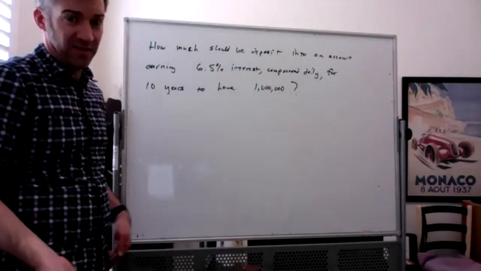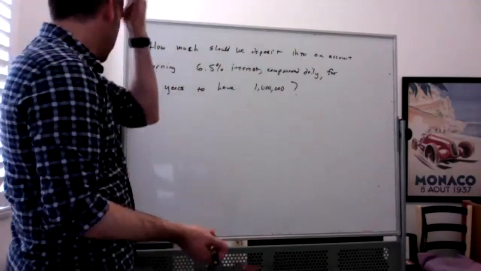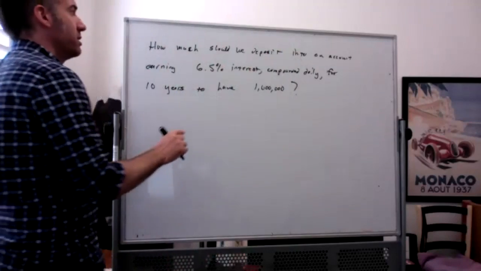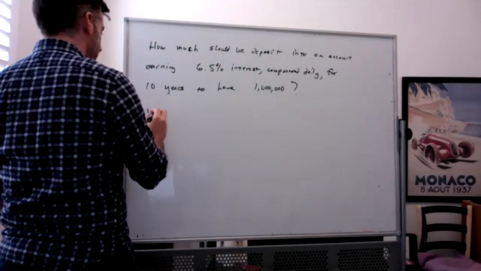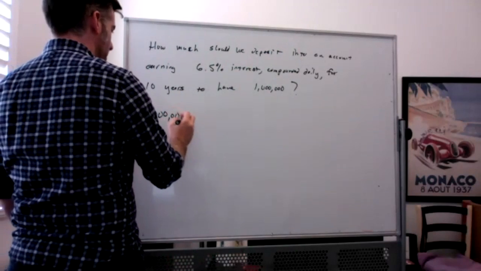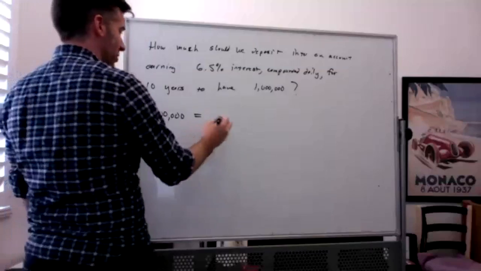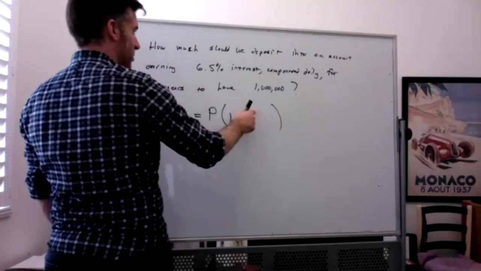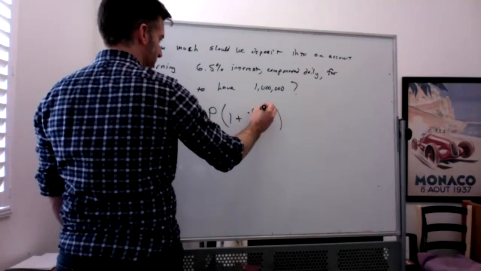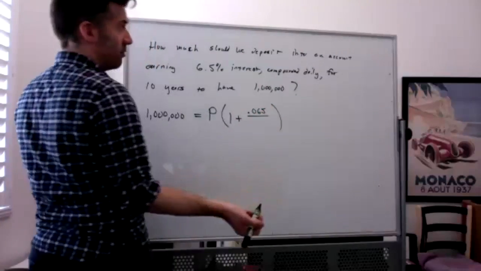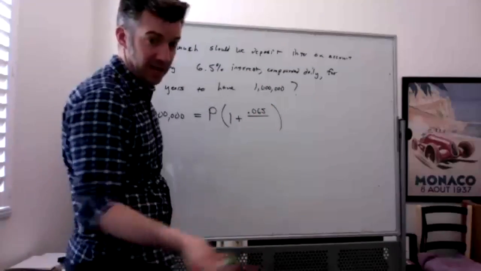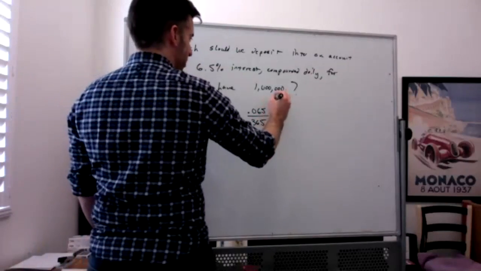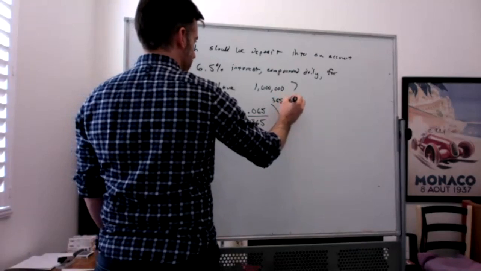Okay, well, again, throw it all into the formula. It's really just, here's a formula, put things in it, get things out of it. We want $1 million after 10 years. The principal is what we're solving for. The rest of the formula is 1 plus my interest rate, 0.065, divided by the number of times we compound, 365 times per year, to the 365 times 10 power.